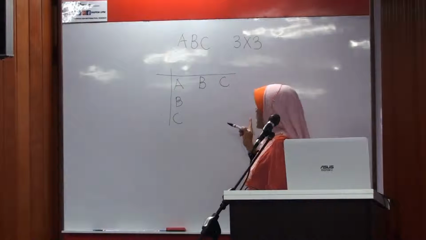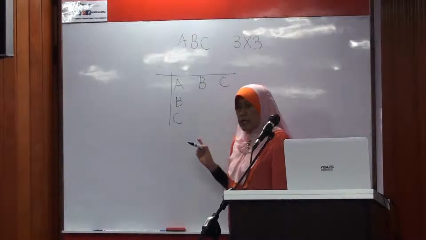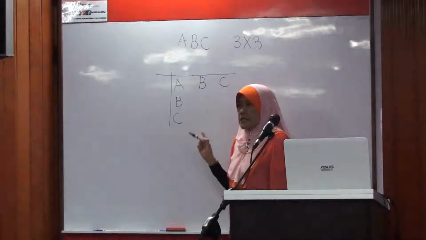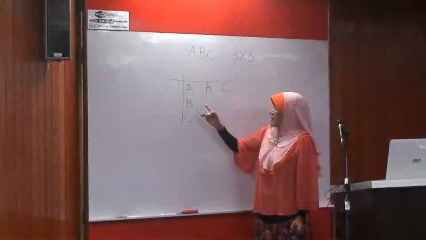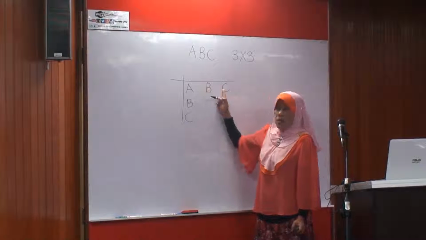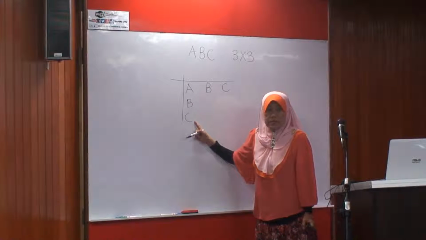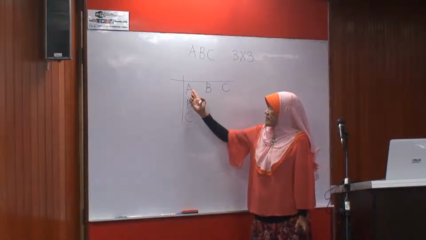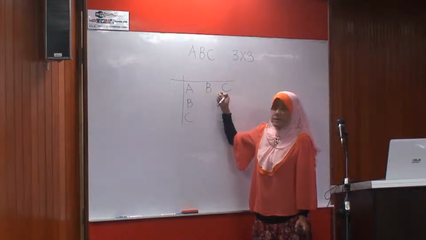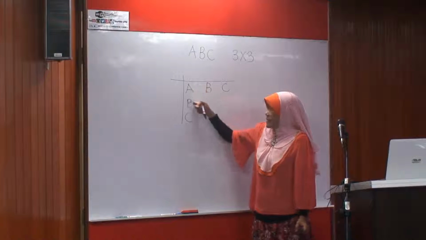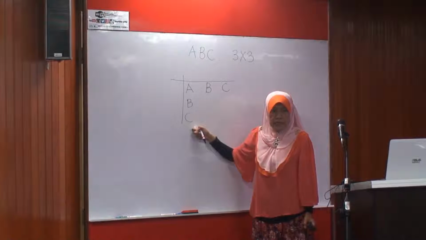As I already mentioned, for the standard Latin square arrangement, the first row and the first column are arranged in alphabetical order. Look at this: first row A, B, C, in alphabetical order.